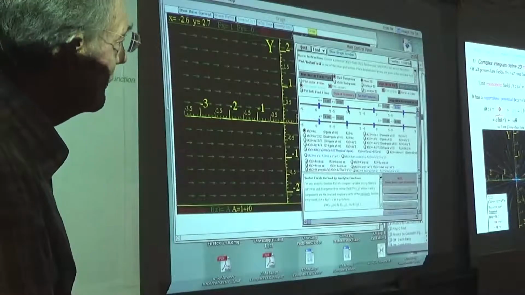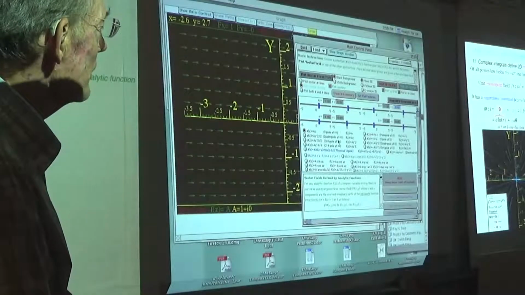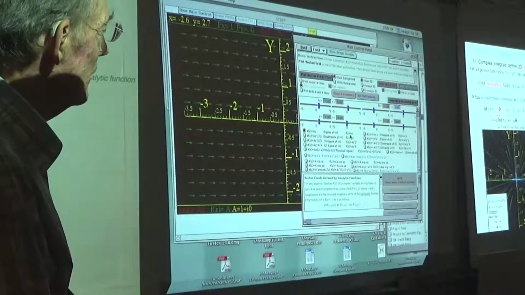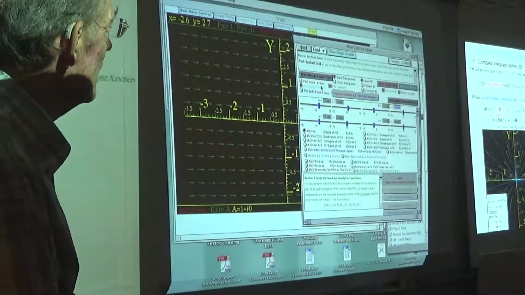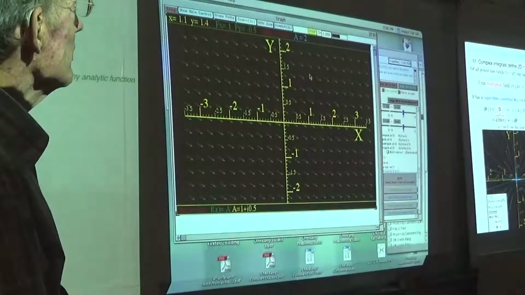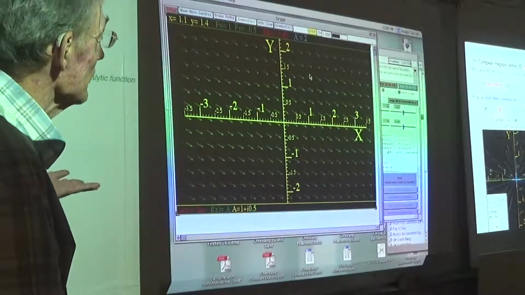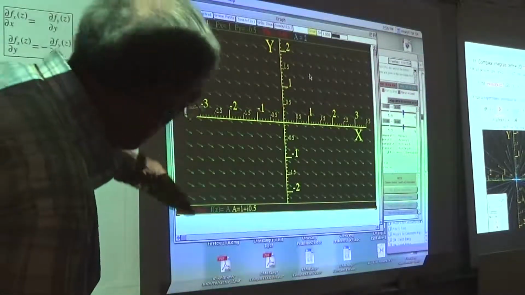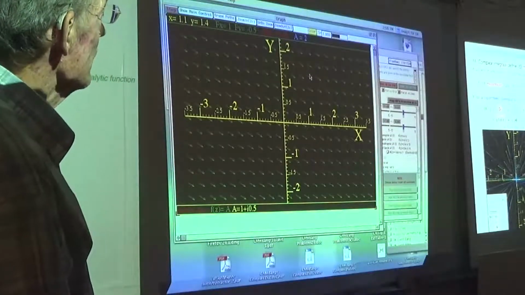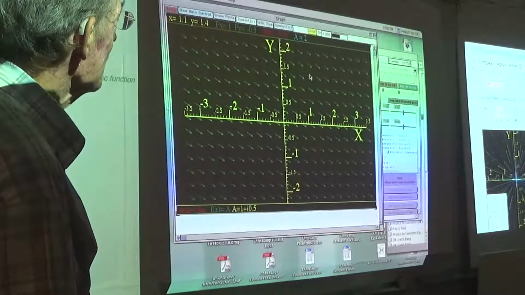Let's put a half or something like that in the imaginary part of the constant f of z equal to a. Now what does that do? Let's plot it. Okay, it's imaginary, and I take a complex conjugate of that to see what the field is. The field is down. I rotated it clockwise, which is a left-handed negative rotation.